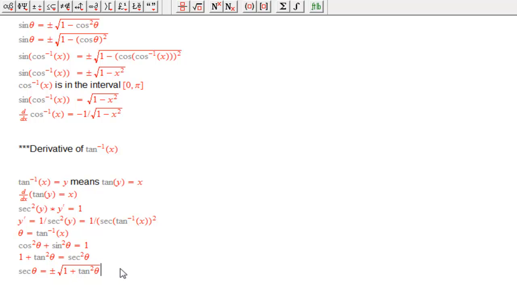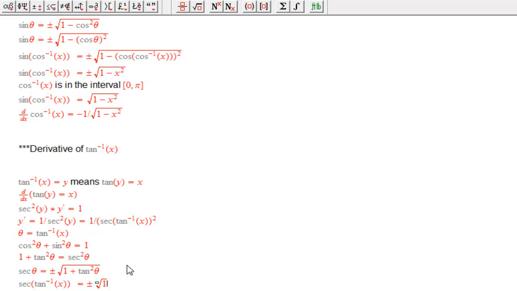Okay, now I know what theta is, so I can rewrite this, so it'll be a little bit more useful to us. Secant of theta, well, that is secant of inverse tangent of x. That's equal to plus or minus the square root of 1 plus tangent squared theta.